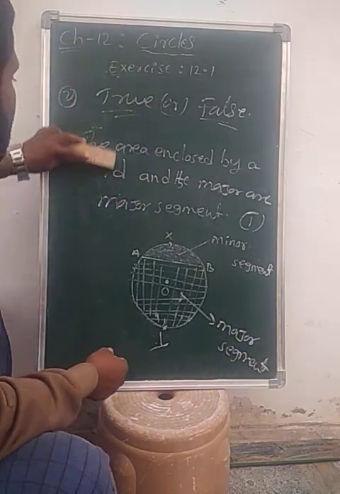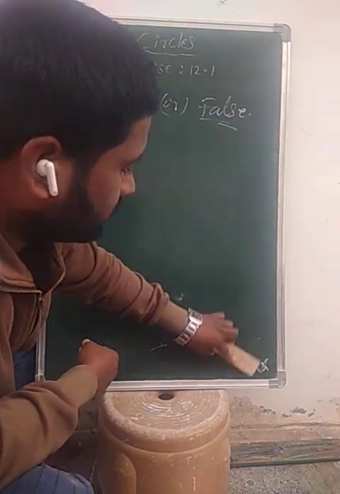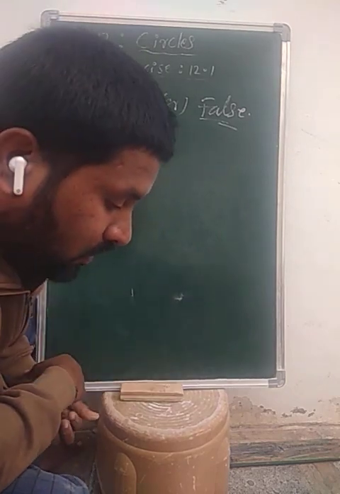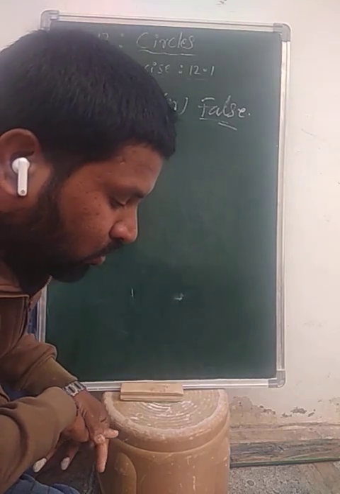Now question number 4. The given statement: the diameter divides the circle into two unequal parts.